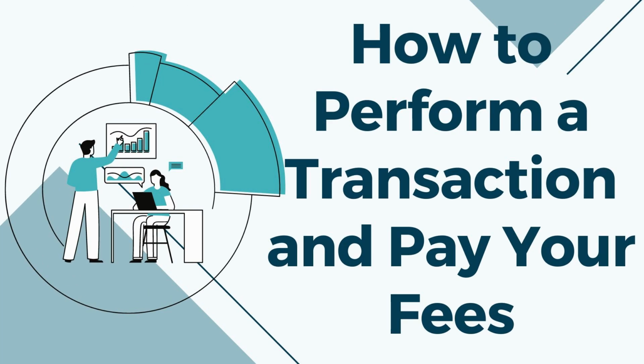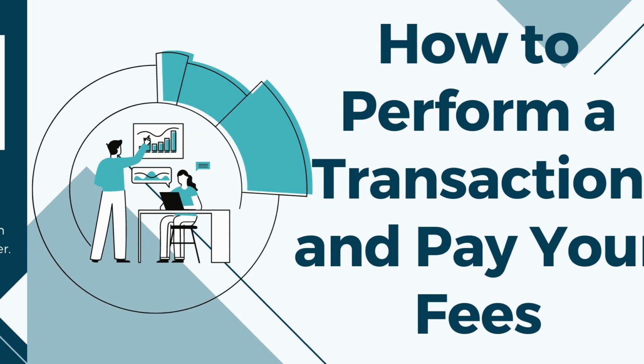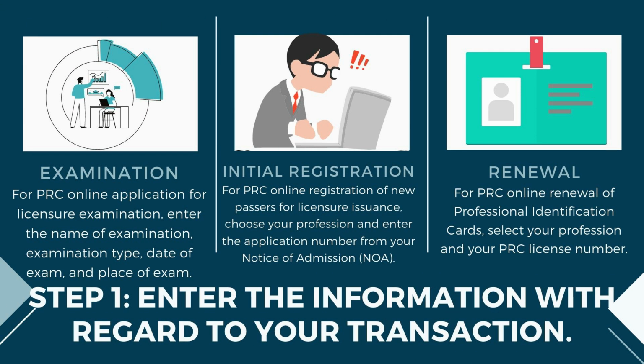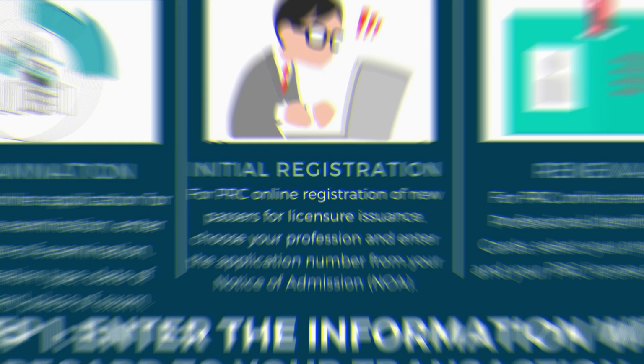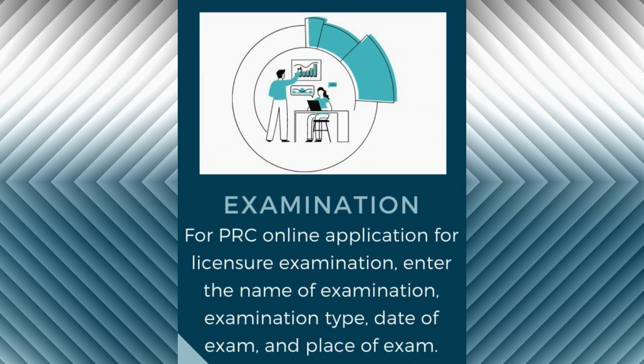Next, how to perform a transaction and pay your fees. Step 1. Enter the information with regard to your transaction. For PRC Online application for licensure examination, enter the name of examination, examination type, date of exam, and place of exam.